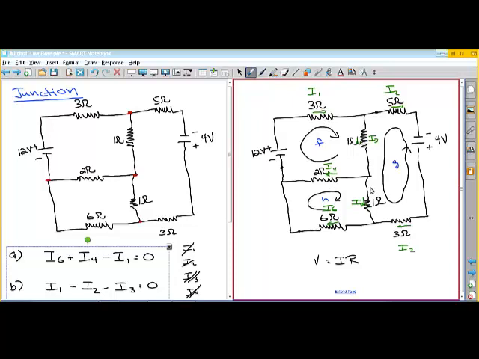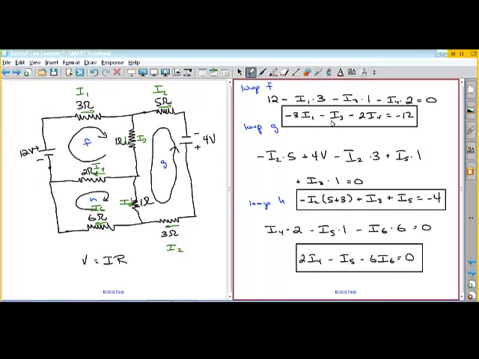If we're moving opposite, for example here, the current is going this way and the loop is going the other way, so in this case we have a voltage rise across the resistor because of the direction that we're doing the loop. So we came up with 3 equations for the loops, loop F, loop G, and loop H.